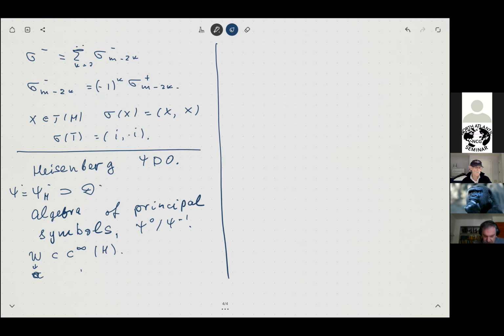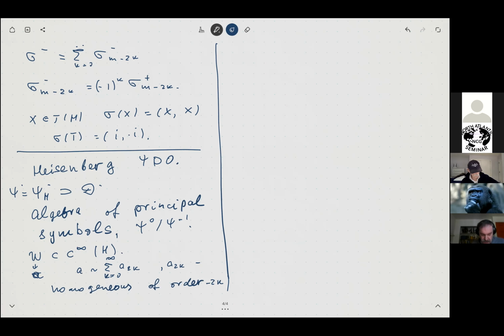We assume that a has an asymptotic expansion at infinity, a standard polyhomogeneous asymptotic expansion, but polyhomogeneous with step negative 2, so it has homogeneous components of order 0, negative 2, etc. The asymptotic expansion is understood in the standard sense for, say, pseudo-differential operators.